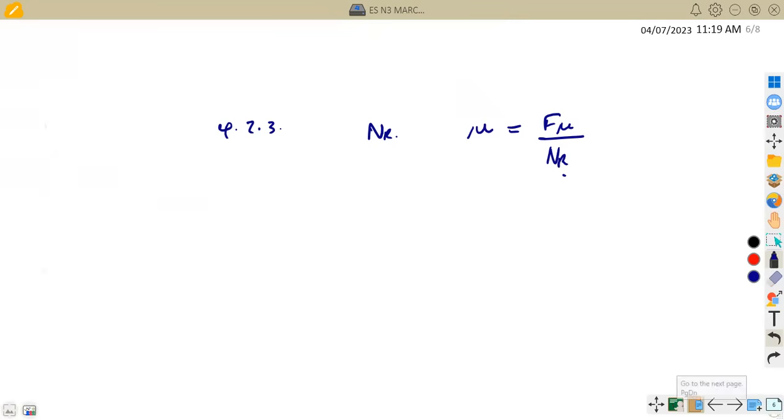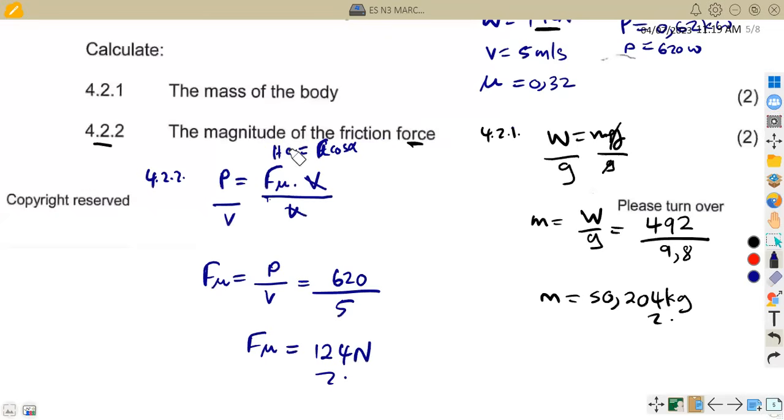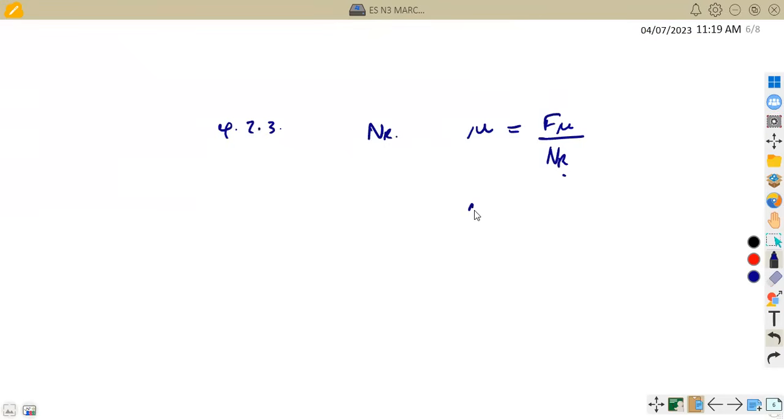Our coefficient of friction was 0.32 here. So 0.32 is equivalent to the frictional force of 124 over the normal reaction. So you can calculate NR by cross multiplying.